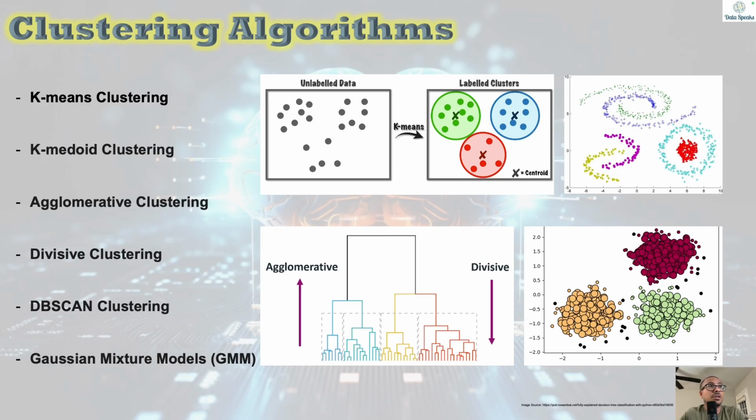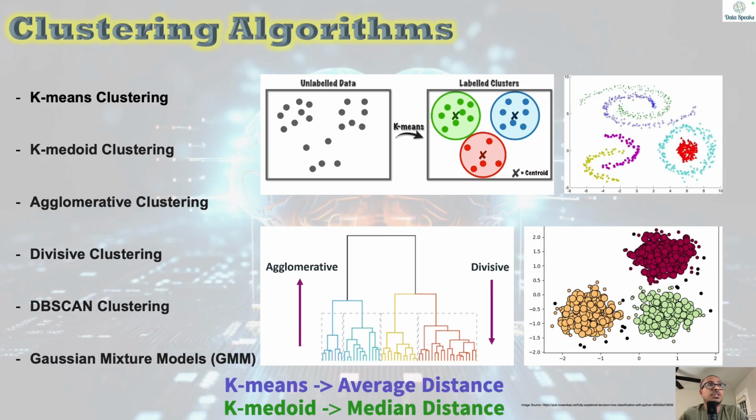K-means and k-medoid are similar types of clustering algorithms which group the data based on how far away the characteristics or nature of the data are from each other. They create the cluster centers, measure the distance from each individual data point to the cluster centers, and map the data points to the nearest cluster centroid.